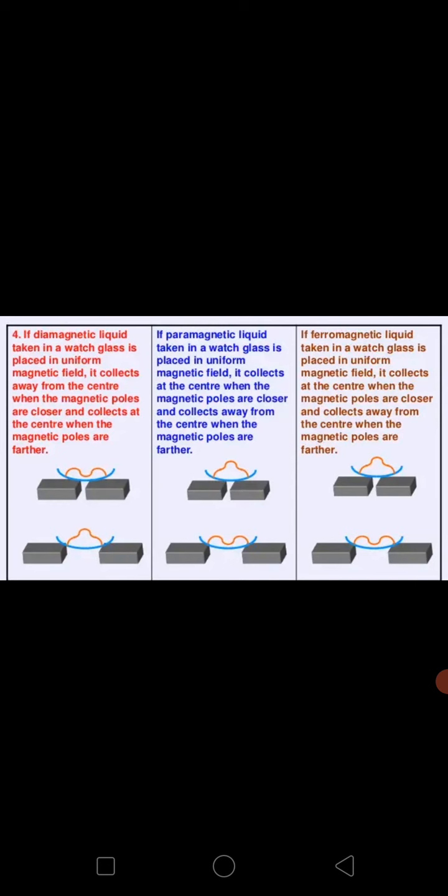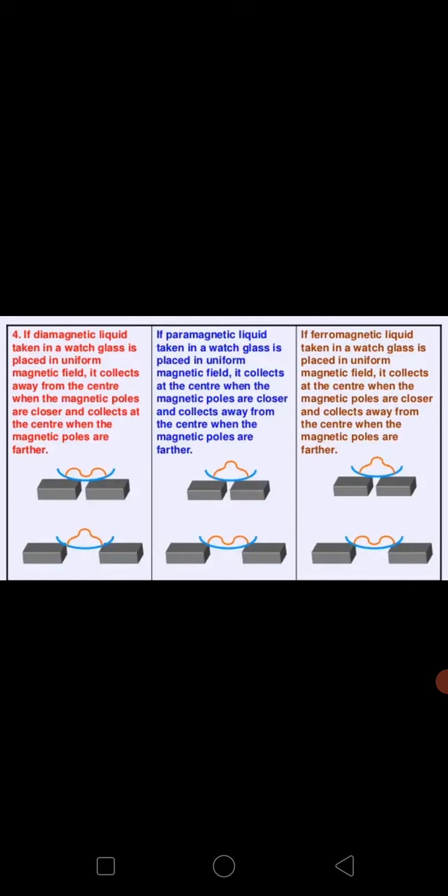So you are observing that in the diamagnetic substance, the material, when placed in a non-uniform magnetic field, tends to move slowly from stronger to weaker part.